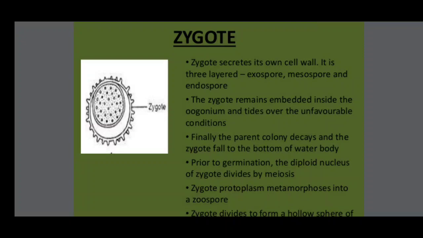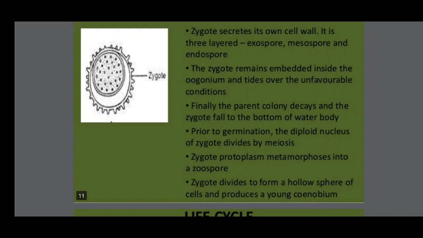After the gametes fuse, the result is called the zygote. The zygote secretes its own cell wall. It is three-layered: exospore, mesospore and endospore. The zygote remains embedded inside the oogonium and tides over the unfavorable conditions. Finally, the parent colony decays and the zygote falls to the bottom of the water body.